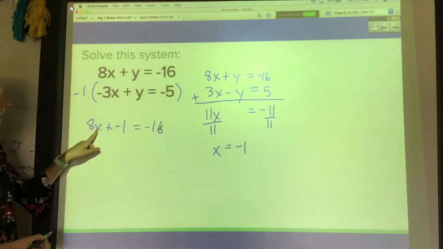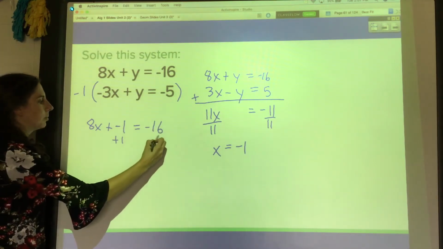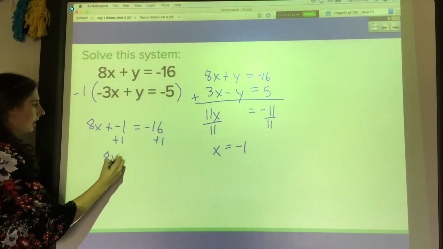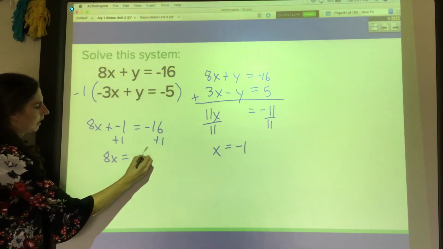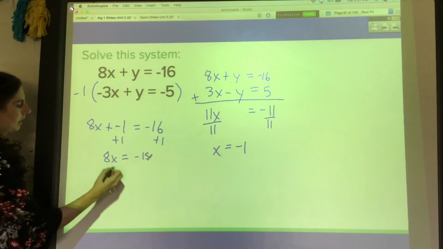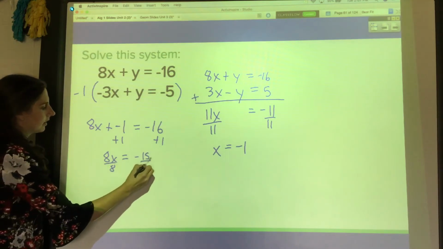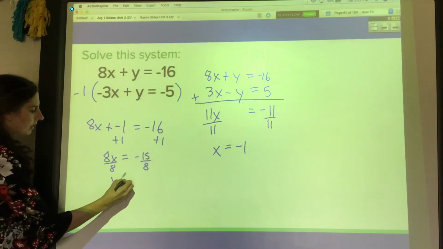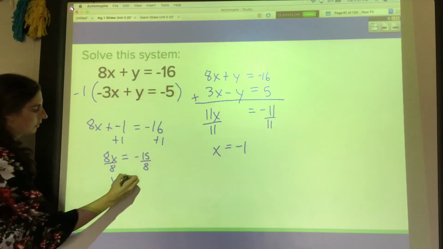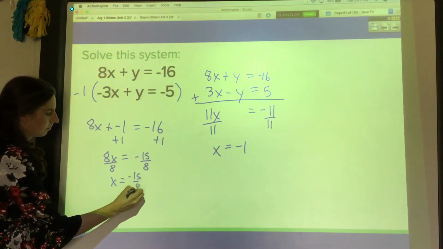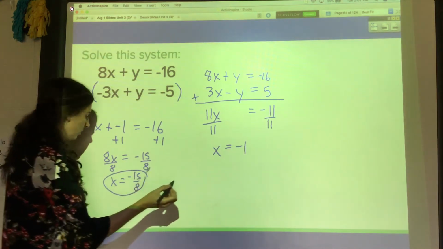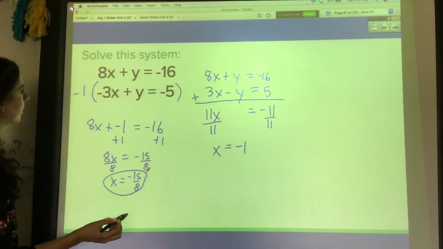And then solve for x, so add 1 to both sides. 8x equals negative 15. And divide by 8. And so x equals negative 15 over 8. So that's my x value. Oh shoot, I did this wrong.